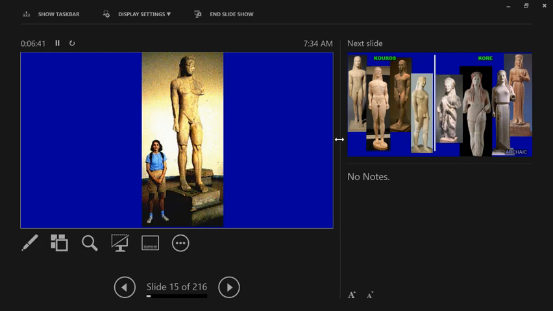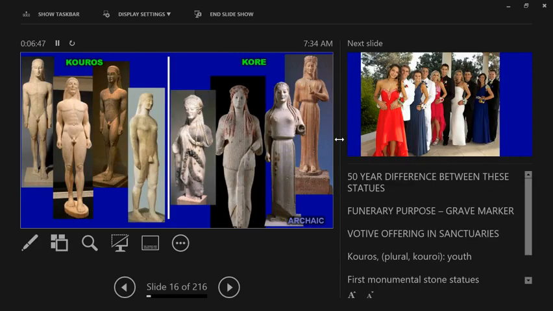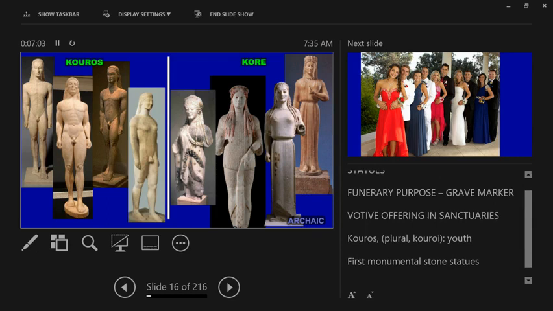The KOUROS is a male sculpture, and the counterpart for the KOUROS is the KORE. And so there is a 50-year difference between these statues. So they're all made kind of at the same time. These had a funerary purpose, that they are grave markers. They are at the entrances of people's graves or inside of their tombs.